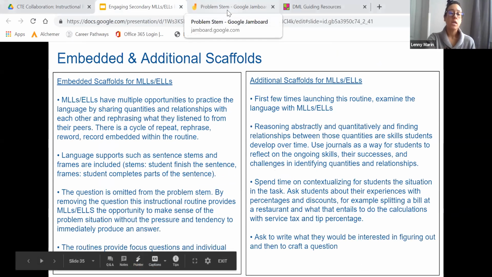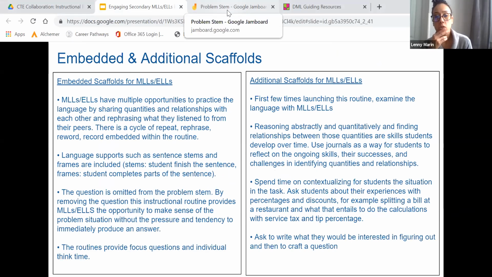There's actually quite a bit of scaffolds that are embedded in the routine, which are multiple opportunities to really practice language. There's a cycle of repeat, rephrase, reword, record embedded, and that is a scaffold in itself. There were language supports I saw from the Padlet. You definitely got that. There were some sentence stems, which are for students to finish the sentence.